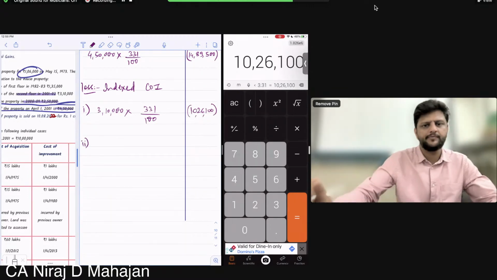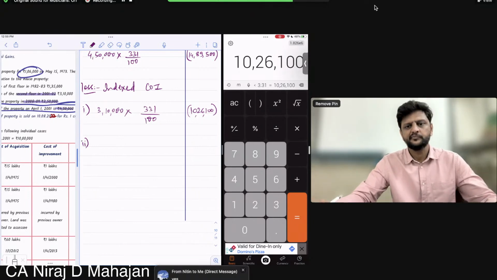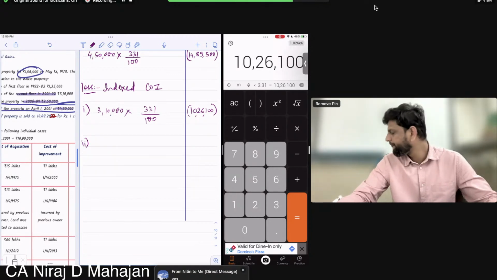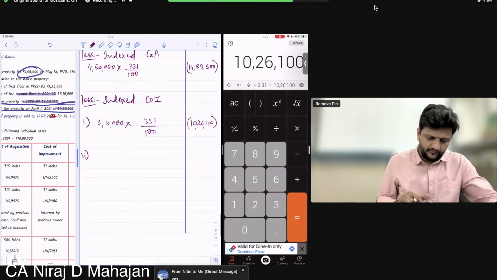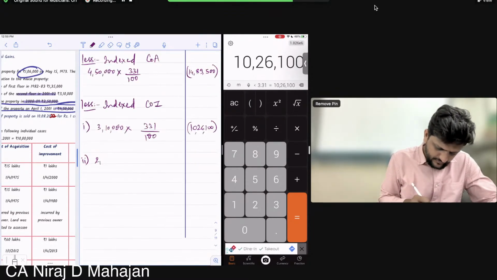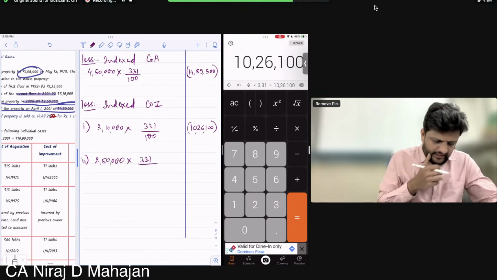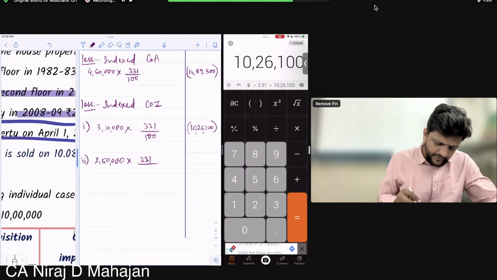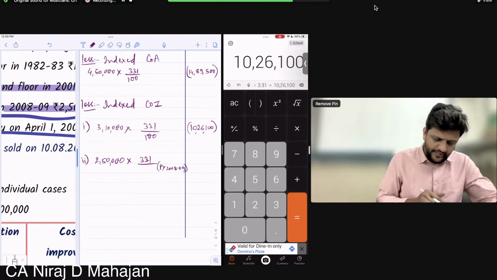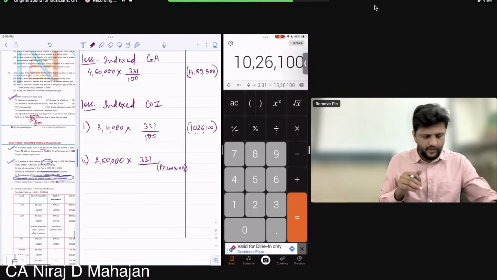And there is one more बच्चों expenditure, है ना everybody? Let's start. How much? 2,50,000. Into again current at 331. But expenditure बच्चों relates to what? 2008-9. Correct, no? Alright. So 2008-9 CII is how much?